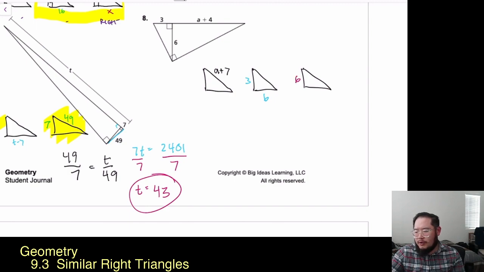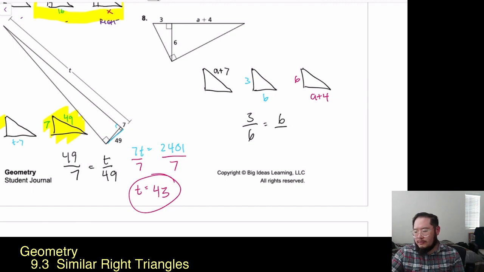So we'll go ahead and put things together right here. We've got 3 over 6 is equal to, okay, remember this is short leg and short leg of both triangles. On the second side, we got ourselves 6 over a plus 4. All right, so now we'll cross multiply. Don't forget to distribute. That's going to be the key right here.